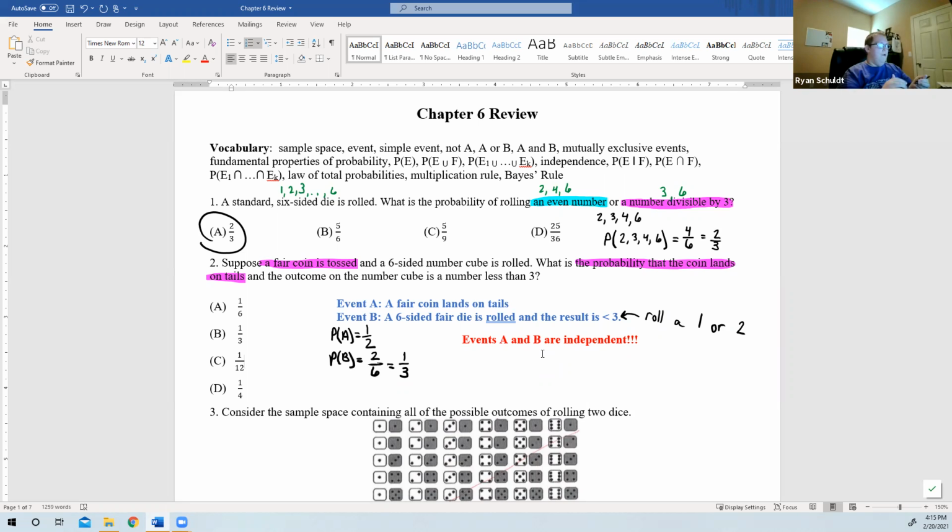So the multiplication rule and independence says that the probability of A and B occurring for independent events is the probability of A times the probability of B. So that'd be 1/2 times 1/3, which is 1/6.